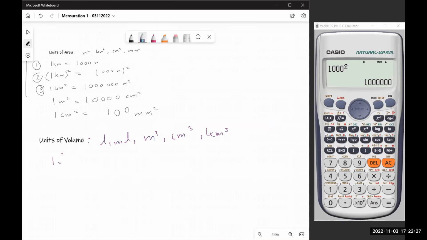We know that 1 liter is 1000 ml. I'm not going to do that again. There's another one though.